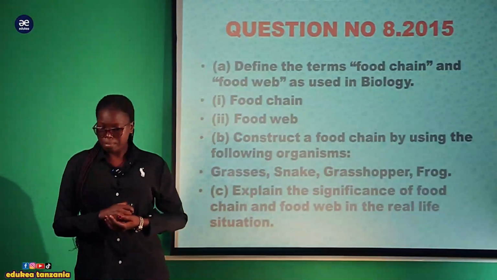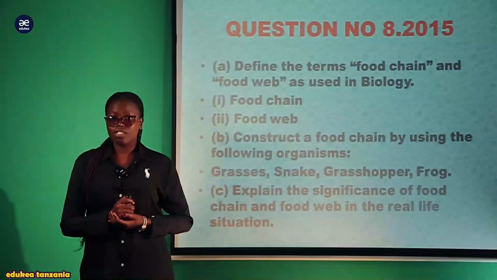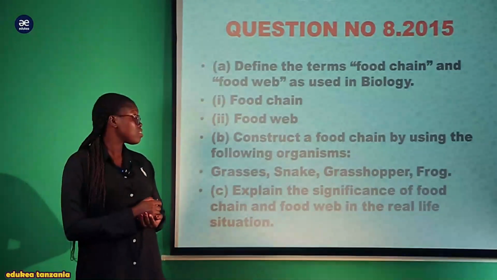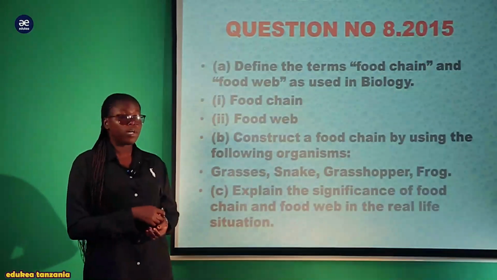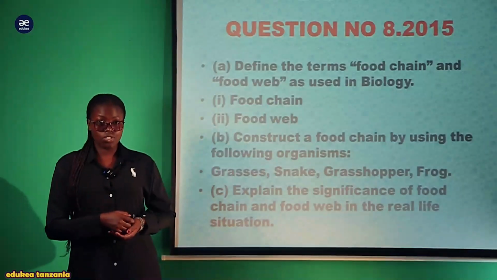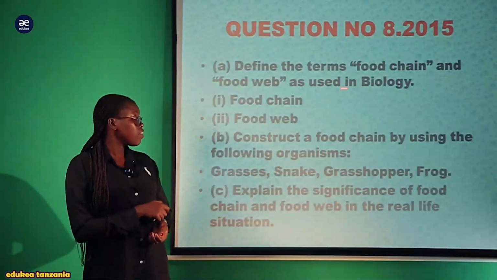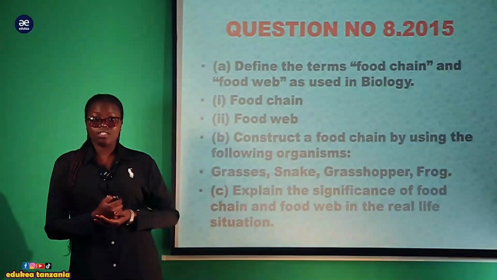And the last question, my lovely students, is question number 8 for the year 2015. The question stated that define the term food chain and food web as used in the biology. Please, once you see the question, you have to see the condition. You have to define this term as used in the biology, not in chemistry or in physics.